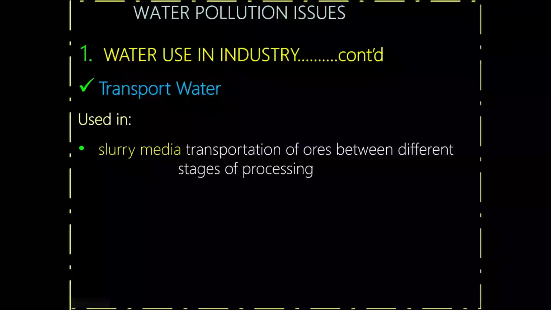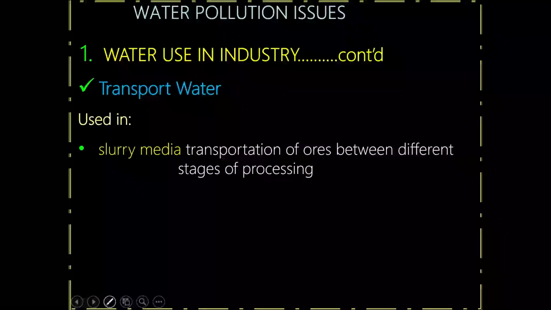Now, another way of using water is transportation. Like I said, you have your ore that contains the mineral of interest, or you are in a factory that needs to transport some materials.